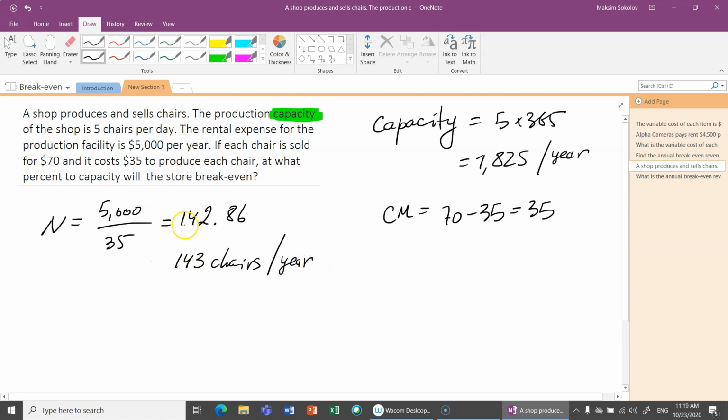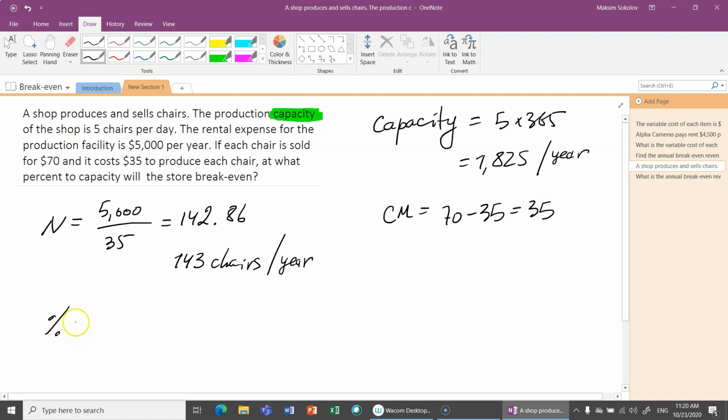From the previous problems, we already know how to find this n, so I'm not being very detailed here, but it's clear how to find it, I hope, from the previous discussion. Now, we have this capacity of 1,825 per year, and we know that this shop would break even at 143 chairs per year. What percent to capacity does this store break even?